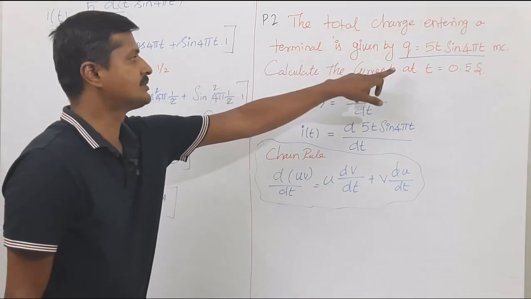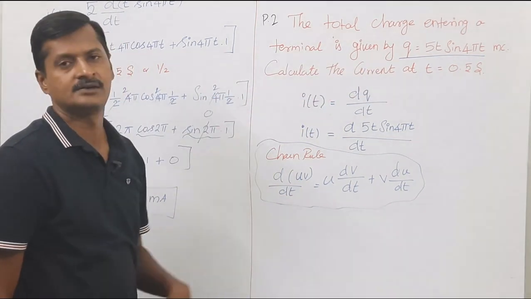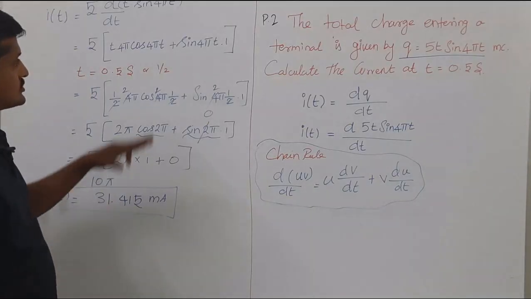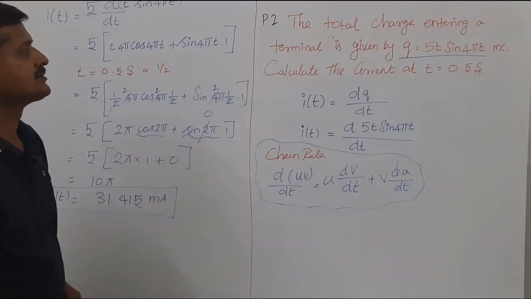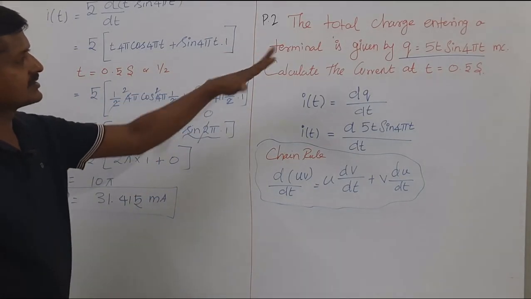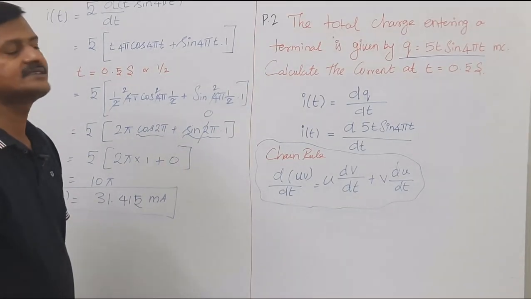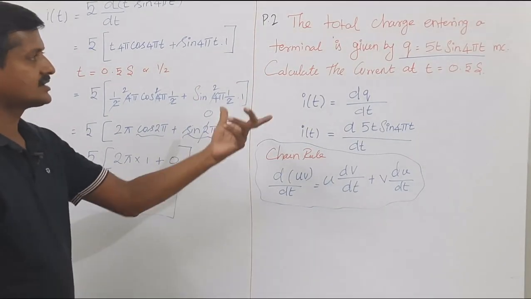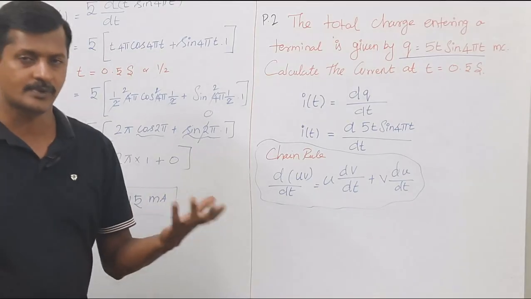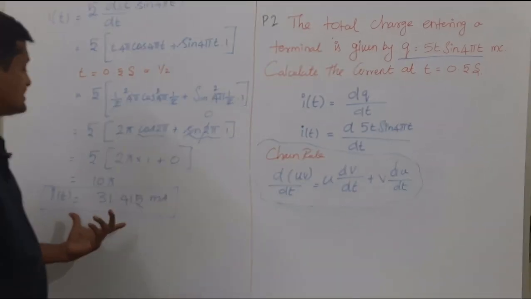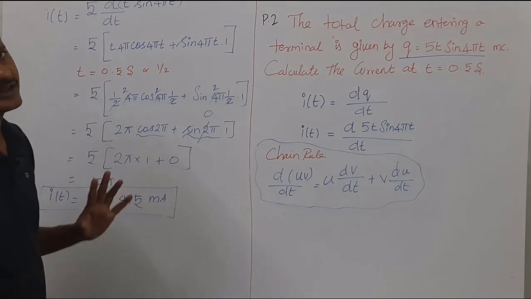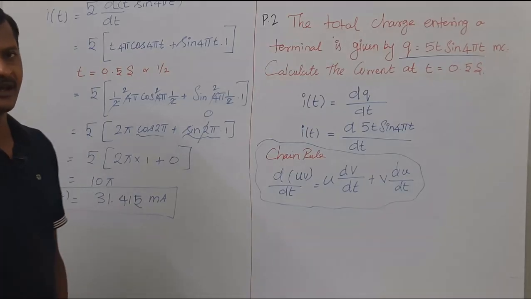So the total charge entering the terminal is given as q equal to 5 t sin 4 pi t, and the current at the particular time t equal to 0.5 seconds is i of t equal to 31.415 milliamps, right?